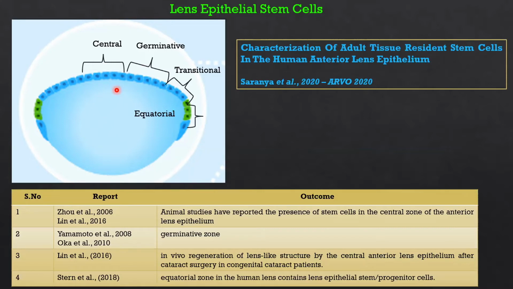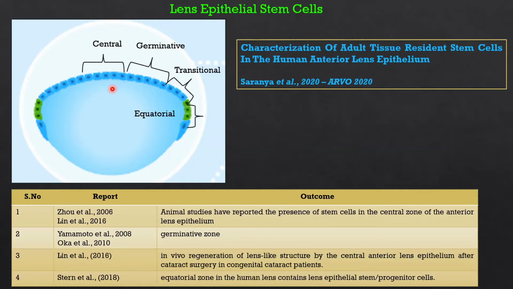The experiments were carried out on animal models like rabbits as well as on monkeys. So leaving the central zone unaffected, he claims that a whole lens-like structure can be regenerated. This is really one great lead to say the central zone harbors the stem cells. But we need to know more about it.